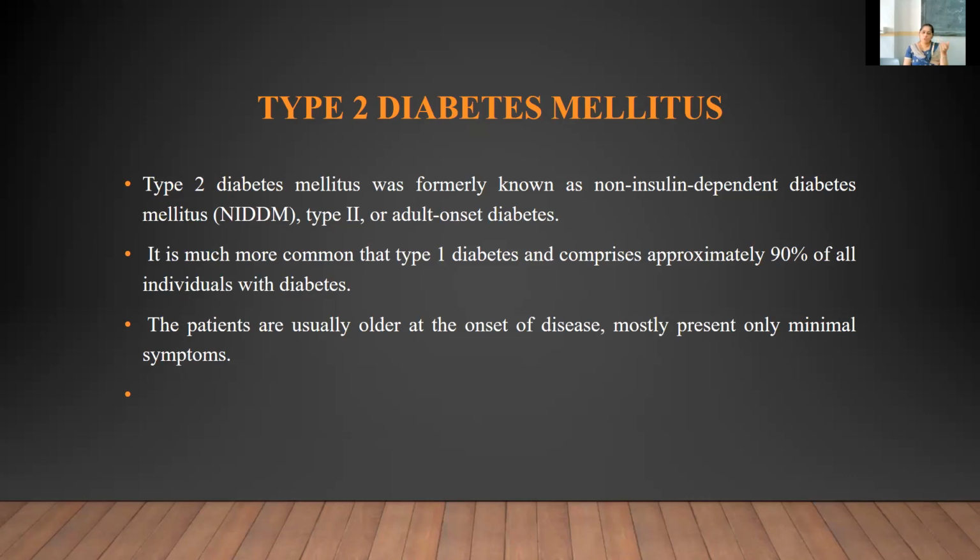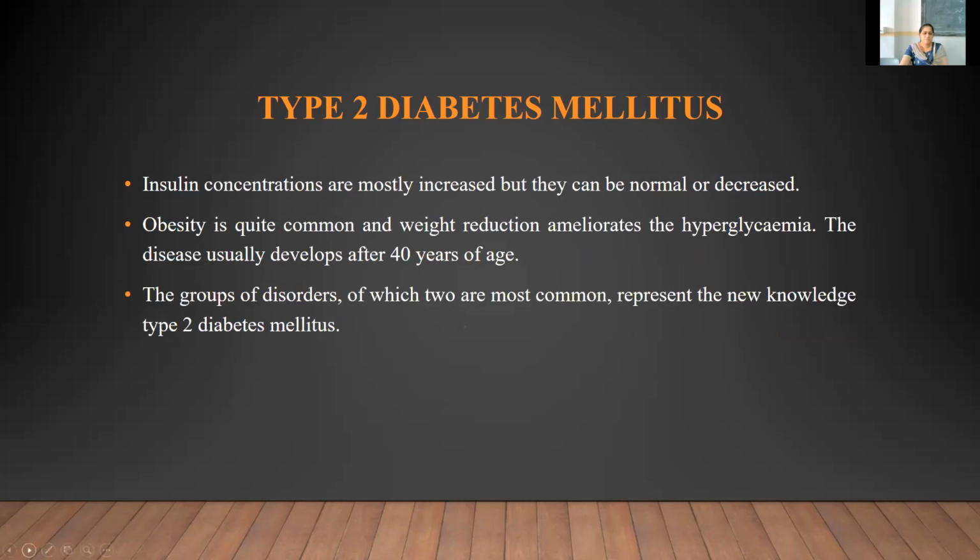The patients are usually older at the onset of disease. So usually the disease comes into existence maybe at the age of 40, 50 or 60, mostly presenting with only minimal symptoms. Insulin concentrations are mostly increased, but they cannot be normal. Obesity is quite a common factor.